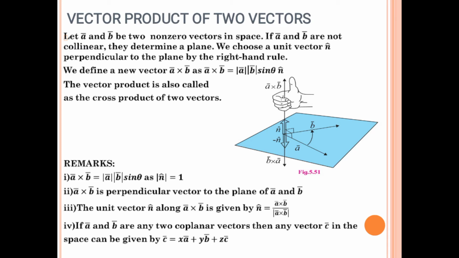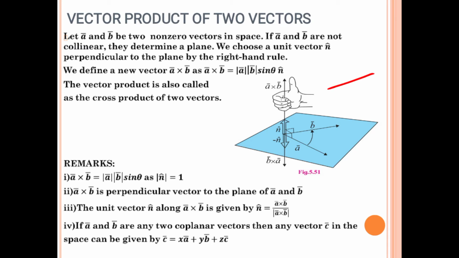Okay, see, a vector and b vector are non-zero vectors and are not collinear. Then we determine a plane, and n vector is a unit vector perpendicular to the plane by the right hand rule.